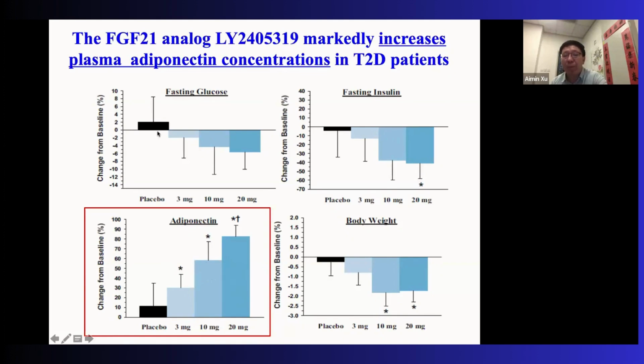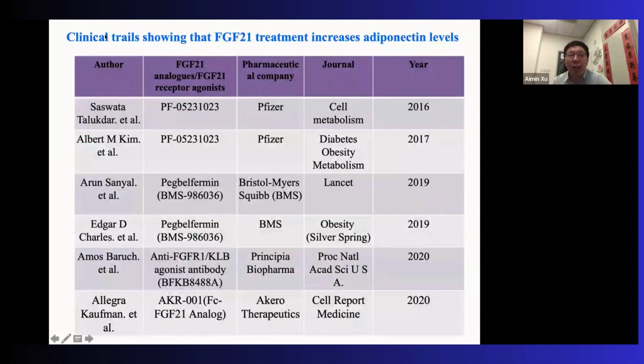In fact, all the clinical trials on FGF21 tested so far, such as the Pfizer compounds and BMS compounds, FGF21 analogs, and also FGF21 receptor agonists, all show that FGF21 treatment can increase adiponectin, and the increased level is closely associated with improvement in non-alcoholic fatty liver disease.